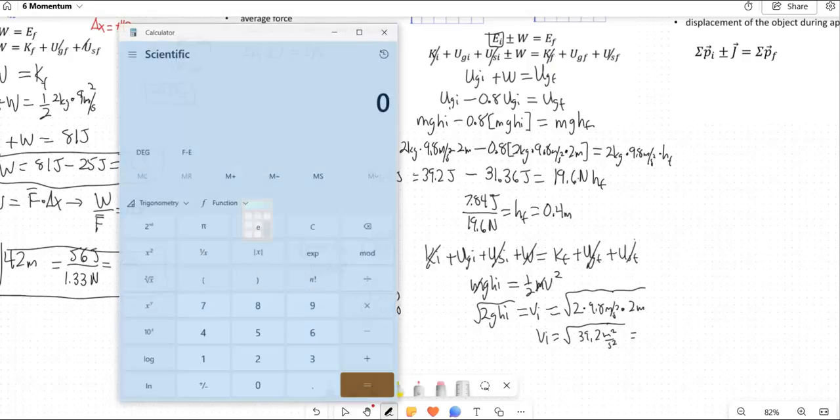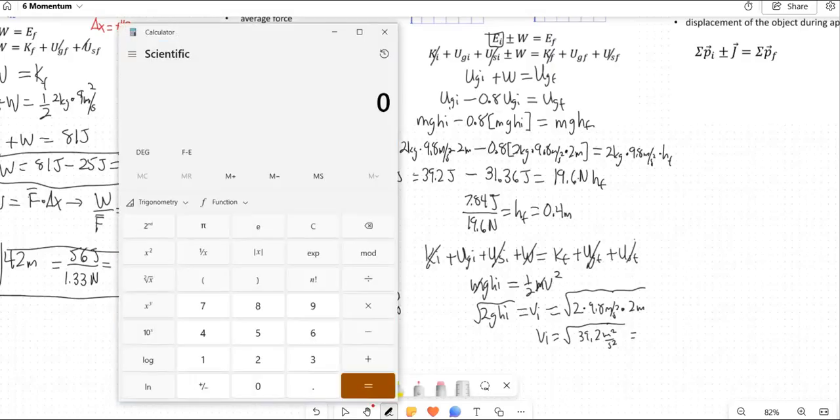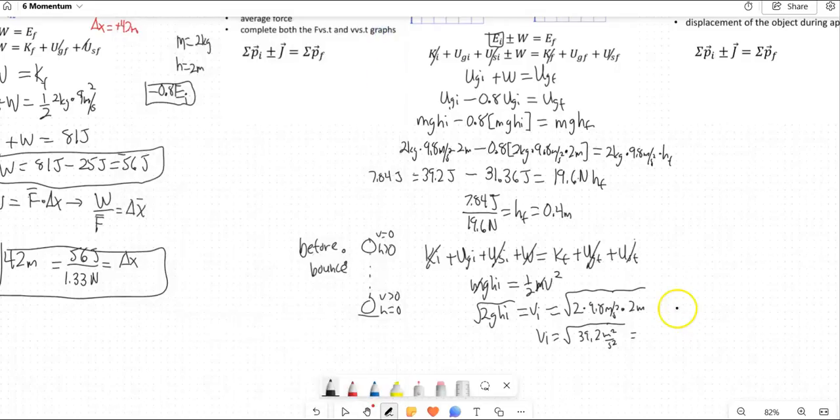And I don't know what that is. That sounds like it's close to 8, or maybe close to 6. And then we're going to square root that 39.2. 6.26. So right before hitting the floor, it's traveling at 6.26 meters per second. So that's the initial velocity.